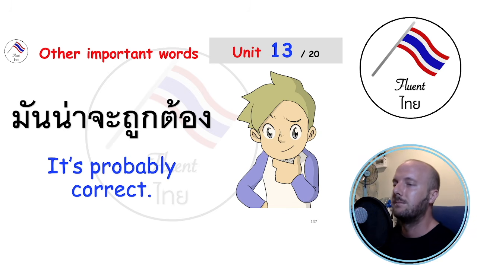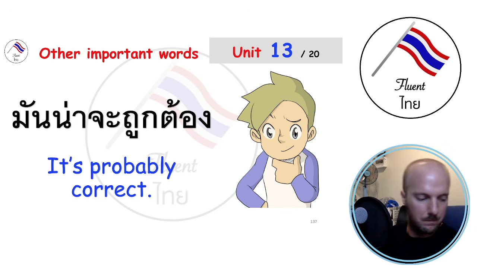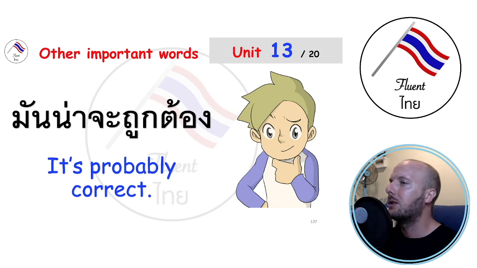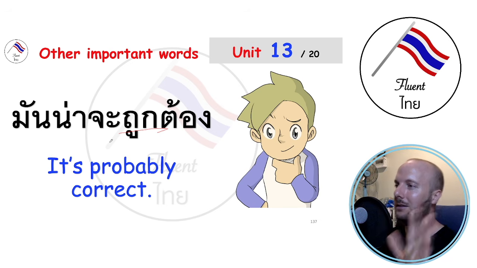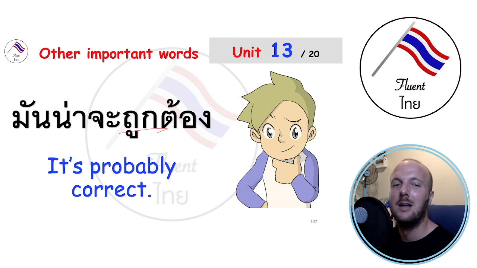It's probably correct. มันน่าจะถูกต้อง. One thing I forgot to mention here is this is another one of those either or both. Sorry, it's not either or both. Let me do that again. I'm getting way ahead of myself. Let me start again.